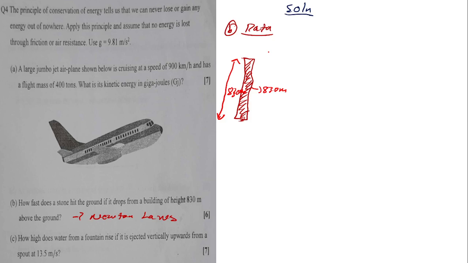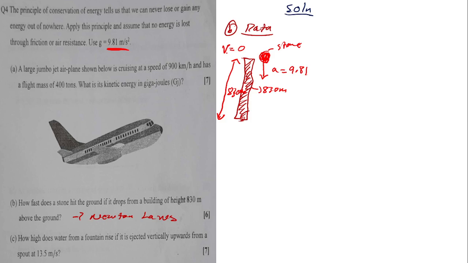And remember there is acceleration due to gravity, which is 9.81. I'm going to use the one which was given there. Nothing else was given apart from that. So this stone has been thrown from rest, isn't it? So I can simply say the initial velocity is equal to 0.